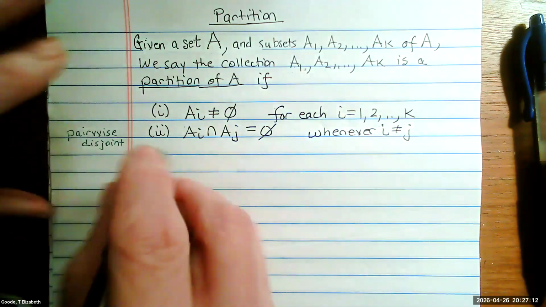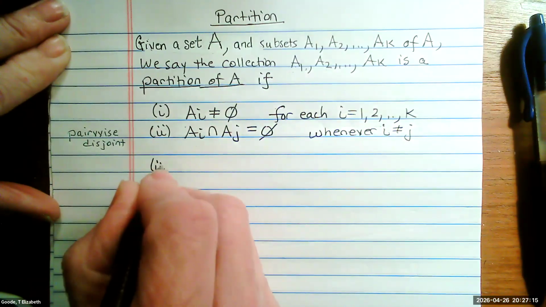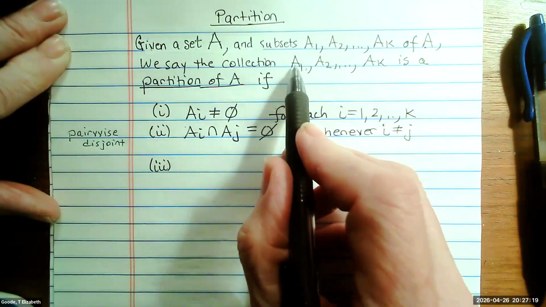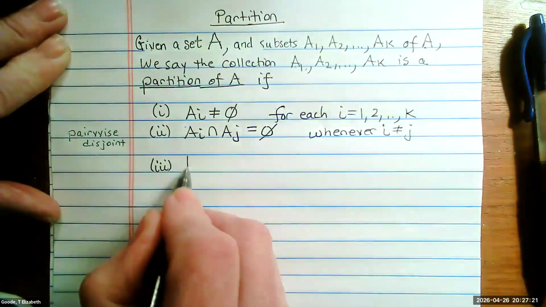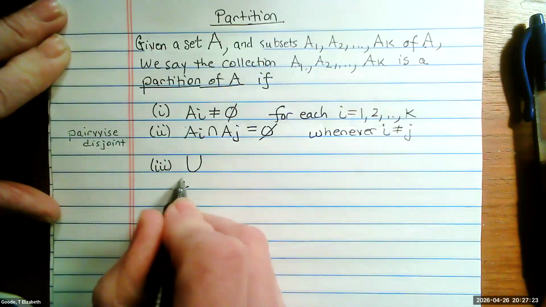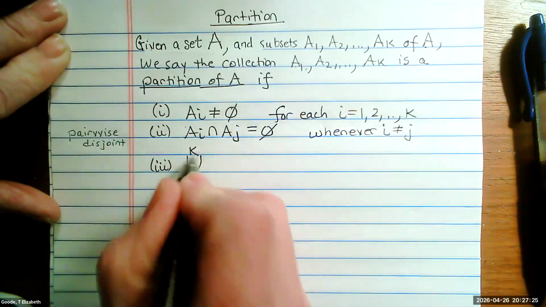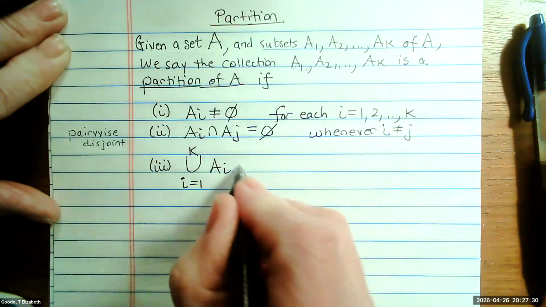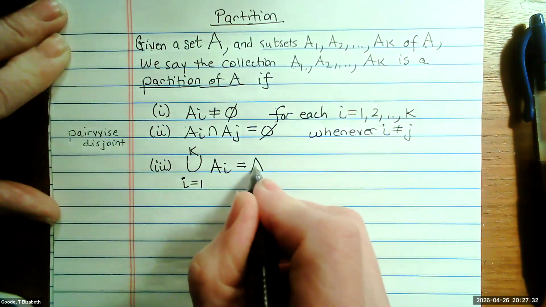And the last property says each element of A does appear in one of these sets. In other words, if we take the union from i equals 1 to k of these A sub i, so if we union up all of these, then we do get all of A back.